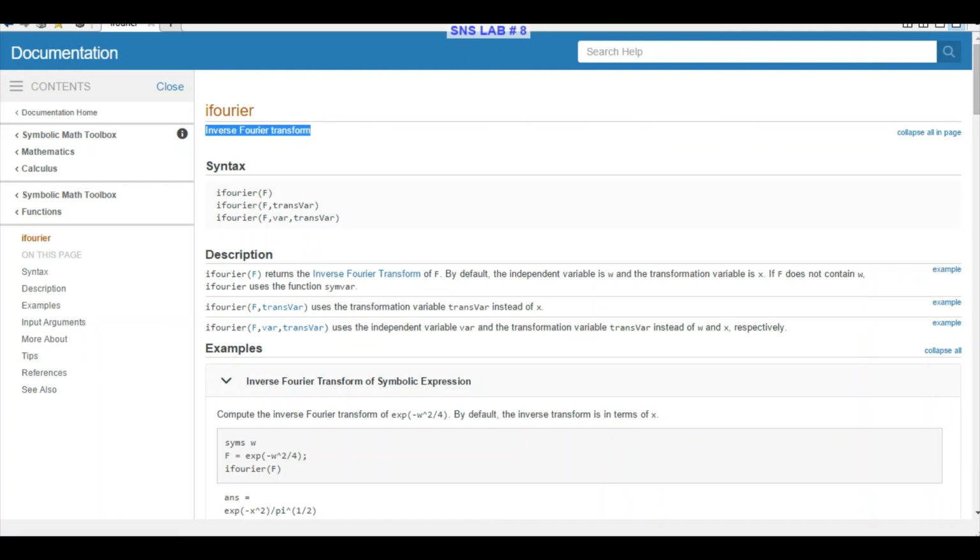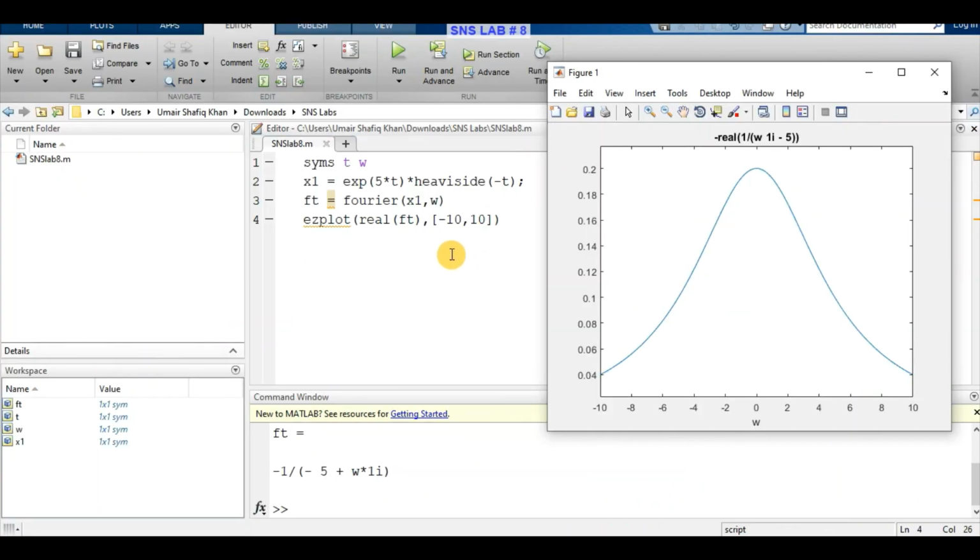In the same way as we used the fourier function, we can also use the ifourier function for plotting or calculation of inverse Fourier, which is basically used to convert a frequency domain signal into the time domain.